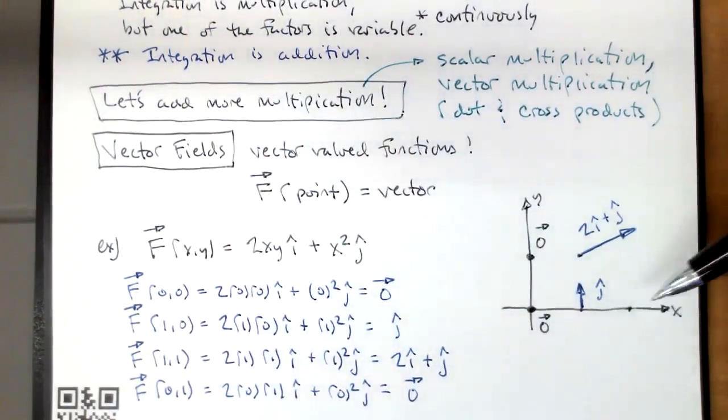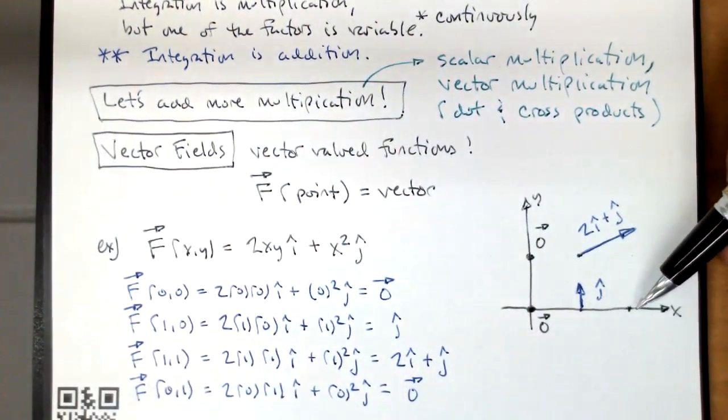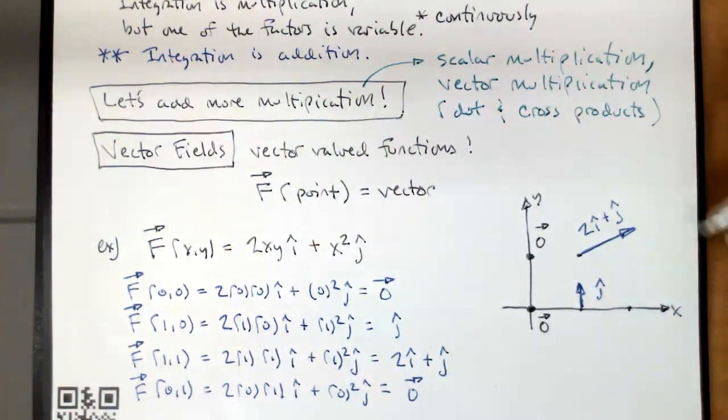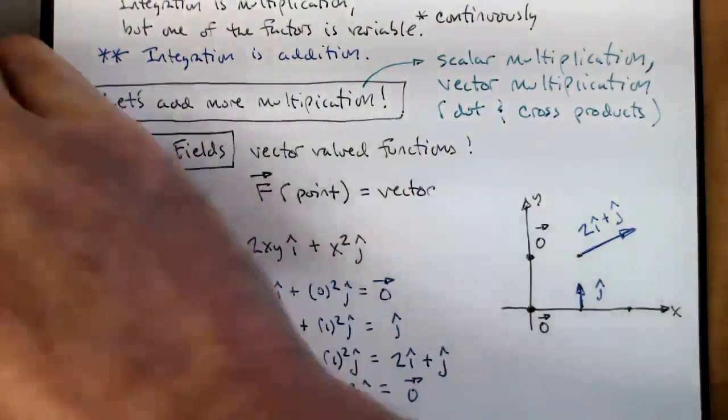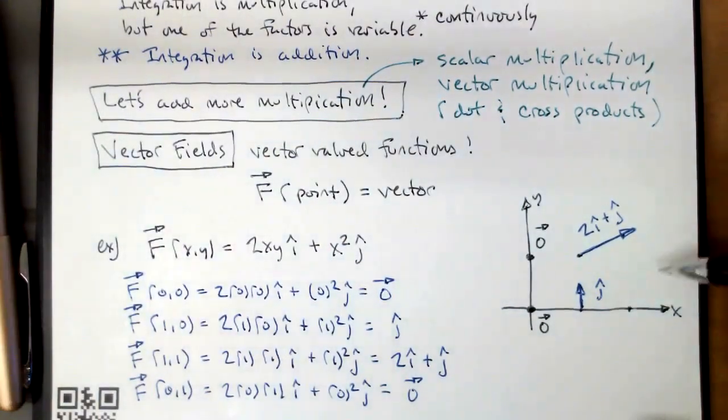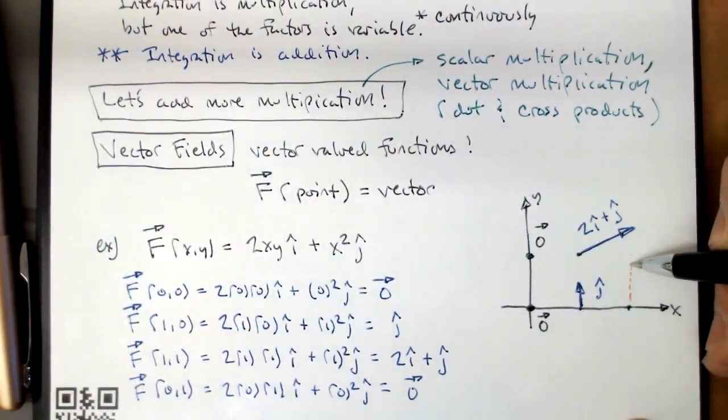If we look at the point, say, 2, 0, so x is 2 and y is 0, I would once again have 0i, but then 2 squared is 4j. So I'd have a vector. And here's where we get into some messy bits.